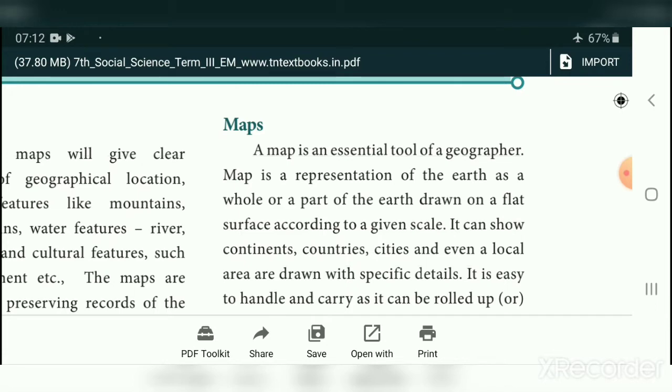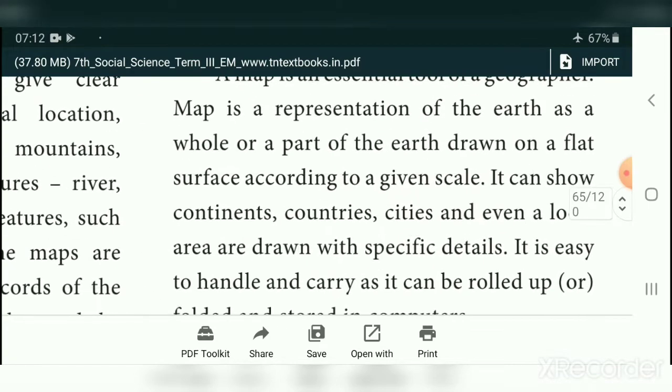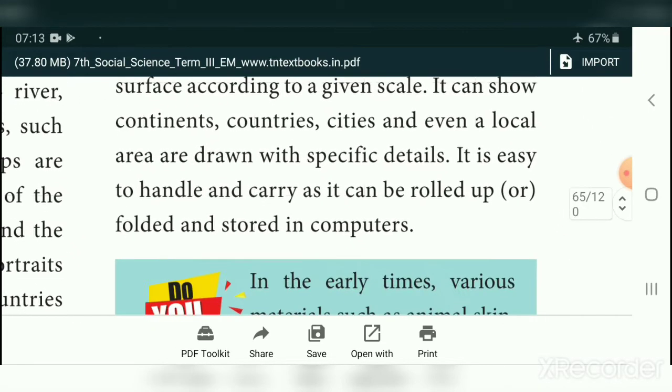It can show continents, countries, cities, and even a local area, drawn with specific detail. We can see the 7 continents like Asia, Africa, North America, South America, Europe, Australia, Antarctica, and all the countries and important cities, even a local area, on a flat paper with specific detail. It is easy to handle.